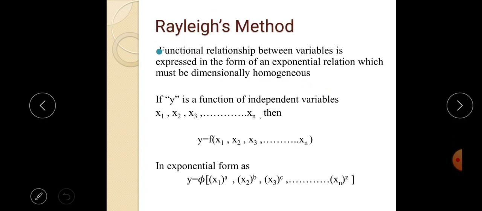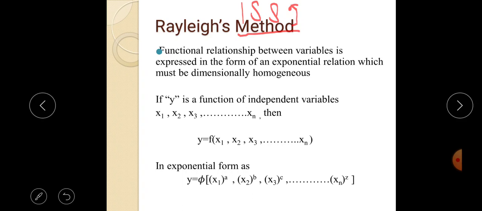So first is Rayleigh's method. This method was proposed by Lord Rayleigh in 1889.